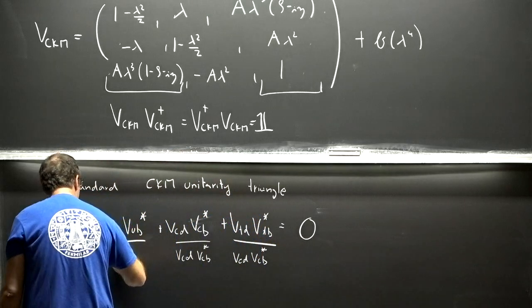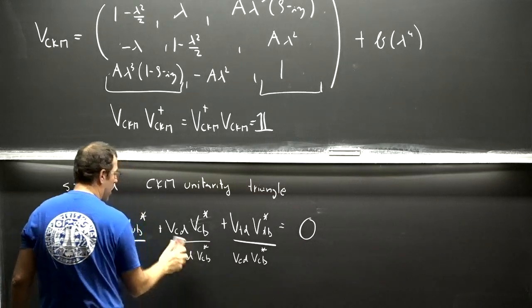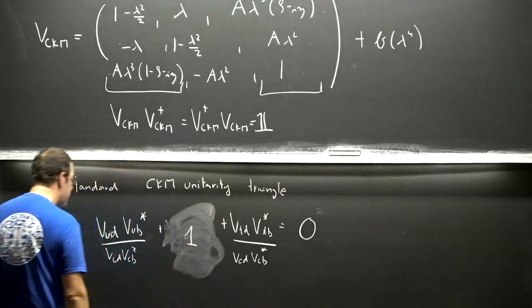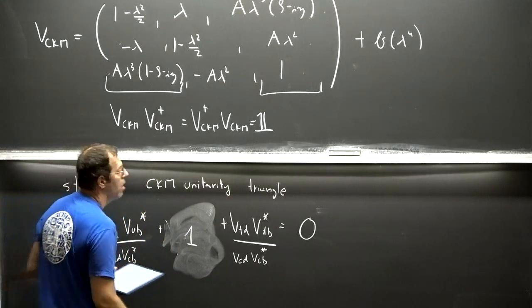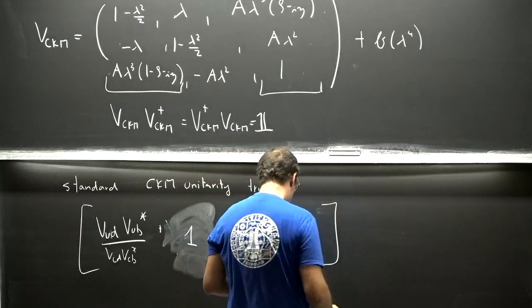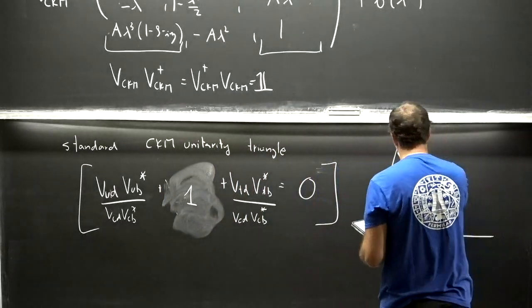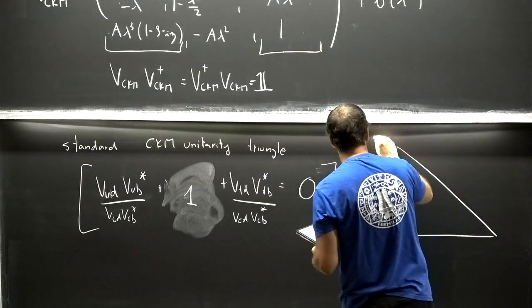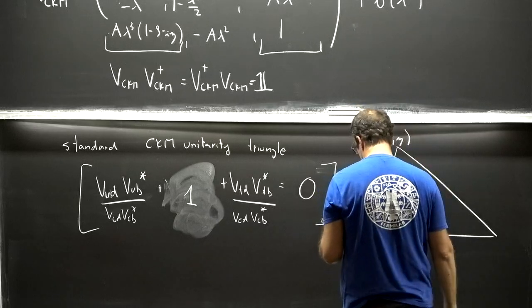So you normalize this. You can delete this and write 1. So this is the standard CKM triangle. The plane is rho, eta.